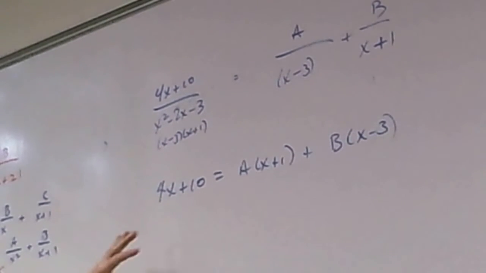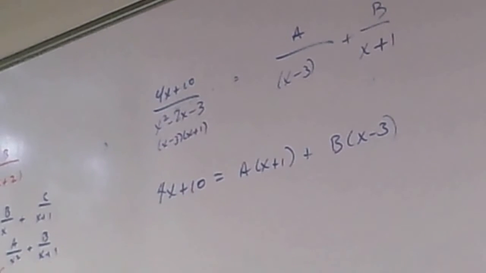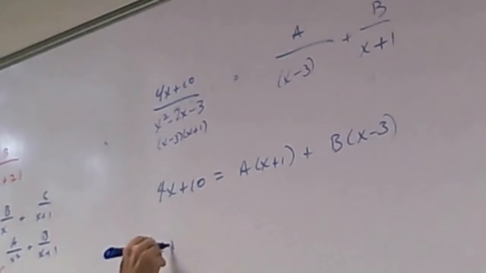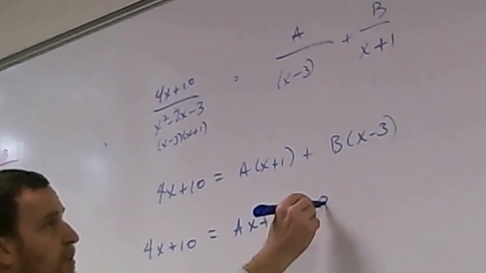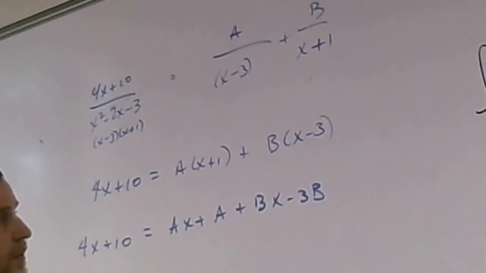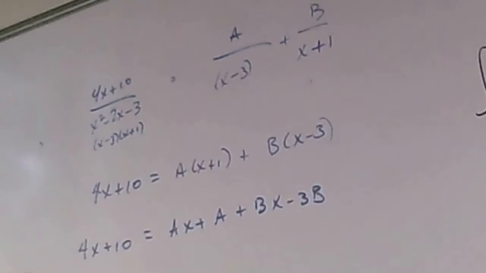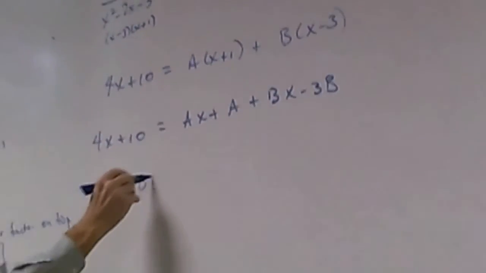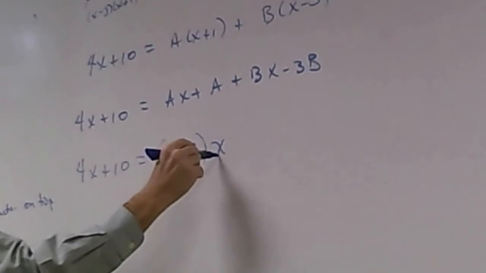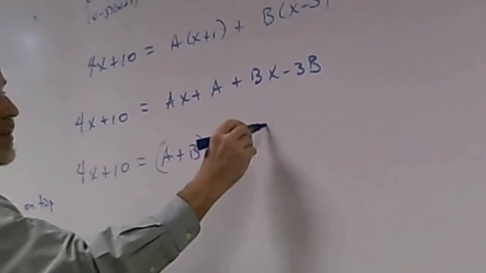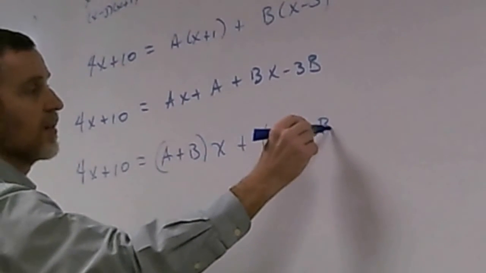So I'm going to show you something that's really common sense. I'm going to multiply this out. Ax plus A plus Bx minus 3B. 4x plus 10 equals (A plus B) times x plus (A minus 3B).